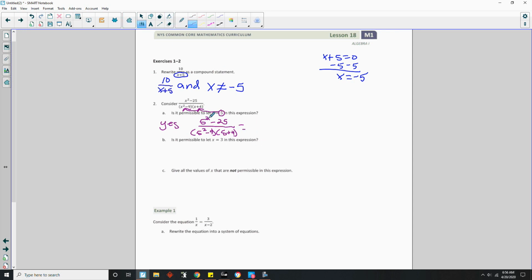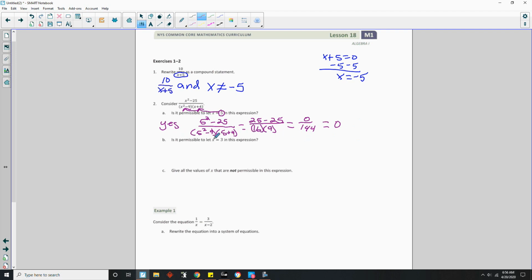This is going to equal 5 squared is 25 minus 25 divided by 5 squared, which is 25, minus 9, which is 16, times 9. So that's going to equal 25 minus 25 is 0 over 16 times 9. 16 times 10 is 160. 16 times 9 is 16 less than 160, or 144. So 0 divided by 144 is 0, and that's okay. The numerator can equal 0. The denominator cannot.